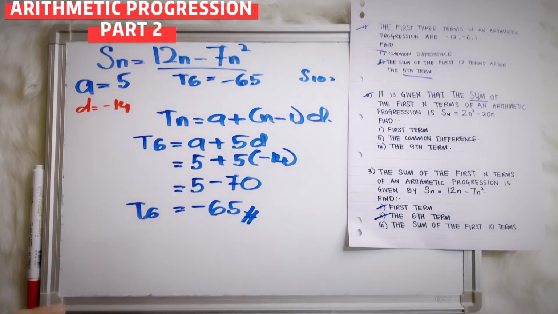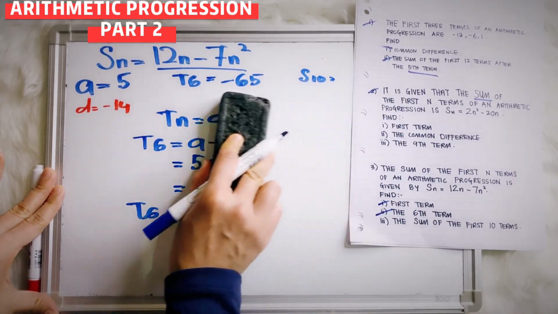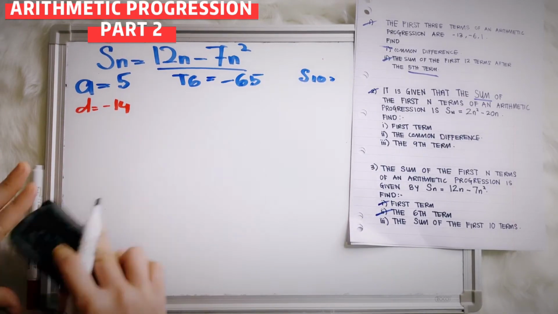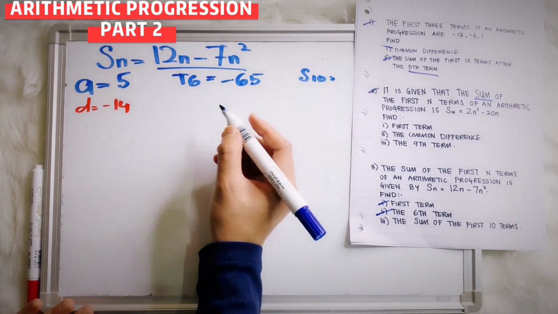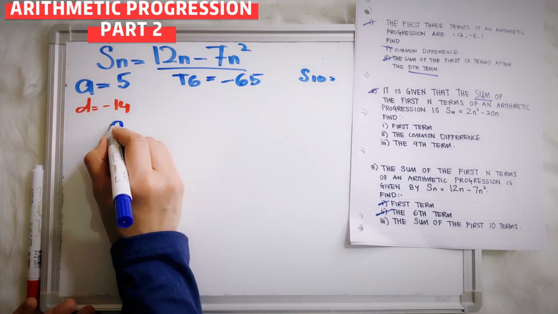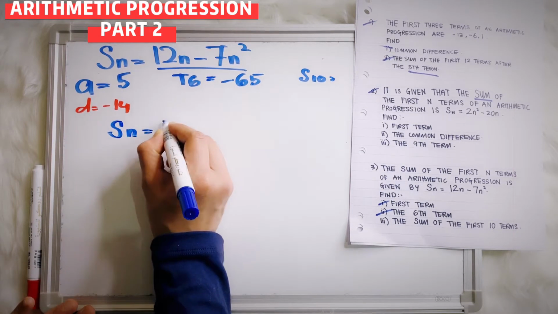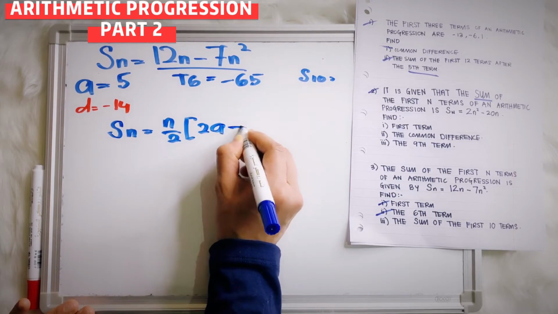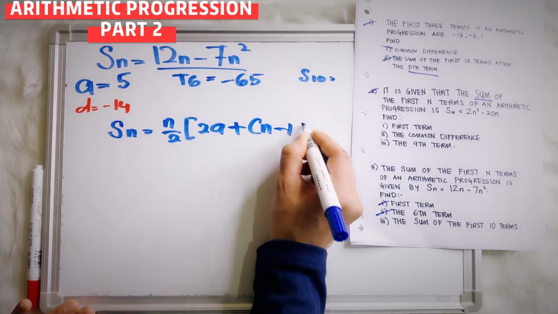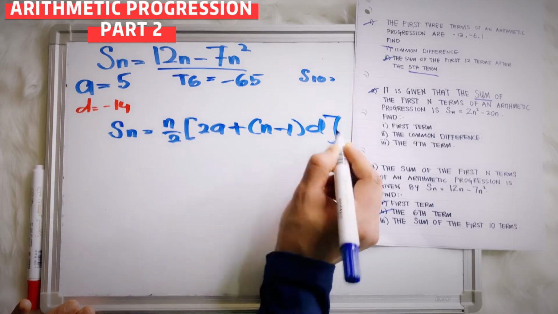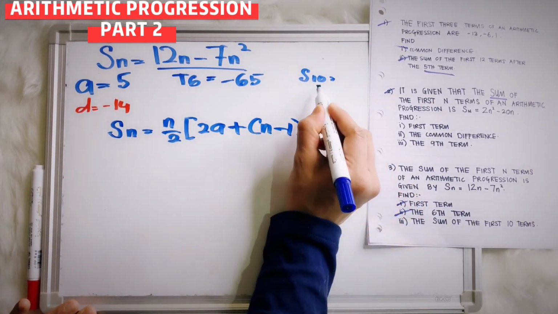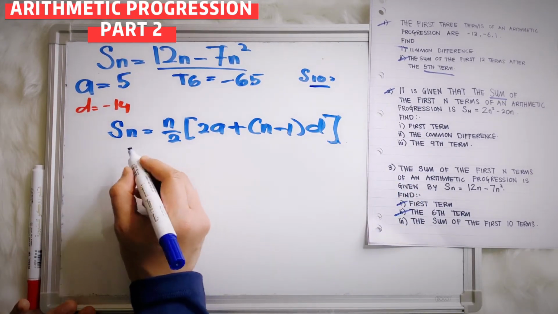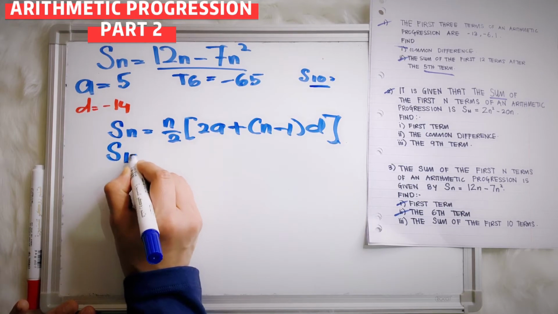The first term is settled. Now the sum of the first 10 terms. What is the formula of sum? Sn equals n over 2, 2a plus n minus 1 multiplied with d. We want to find S10.